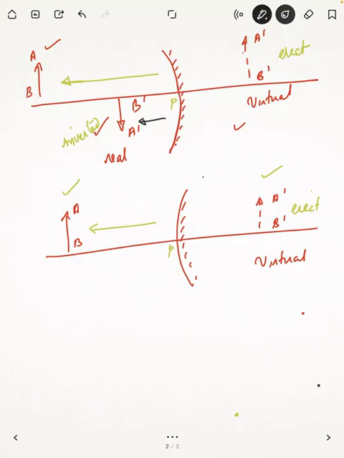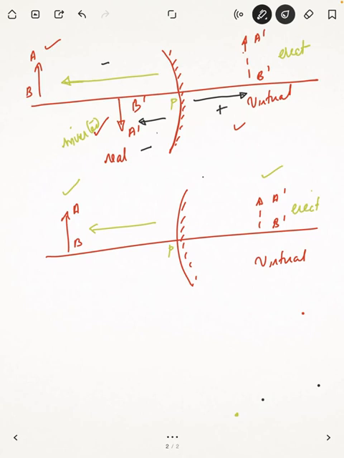And if it is a virtual image, we are measuring the distance toward the right side, so that will be positive. So object distance is always negative. Real image distance negative. Virtual image distance positive.